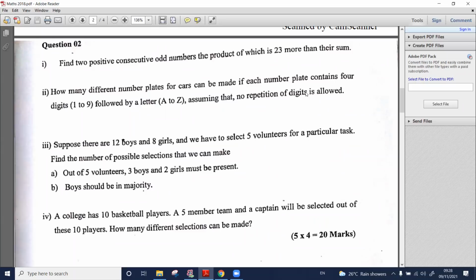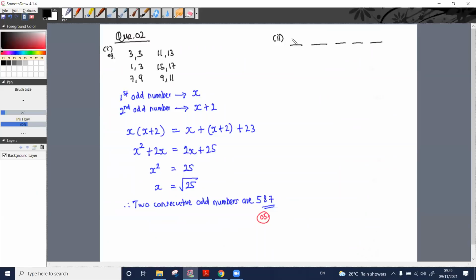Digits 1 to 9, how many options do we have? 1, 2, 3, 4, 5, 6, 7, 8, 9. There are 9 options. To put a digit in the first place, how many ways do we have? Imagine 9 separate number tiles, 1 to 9. Any of those 9 can be set here. One has been used.